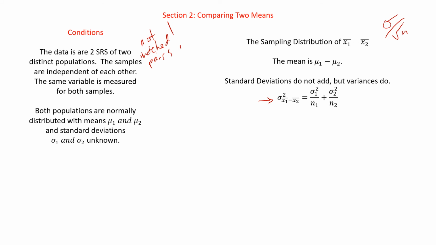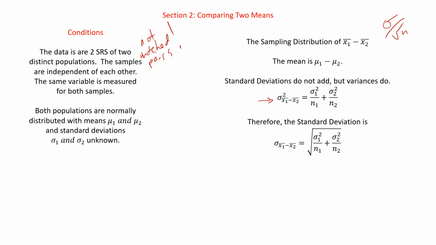Inside the subscript, we have x's with a bar on top and a subscript n. Anyway, the variances, we just add them, so it's the variance over n plus the variance over n. Now for standard deviation, we just take the square root of all that. So that's the standard deviation of the distribution for two sample data.